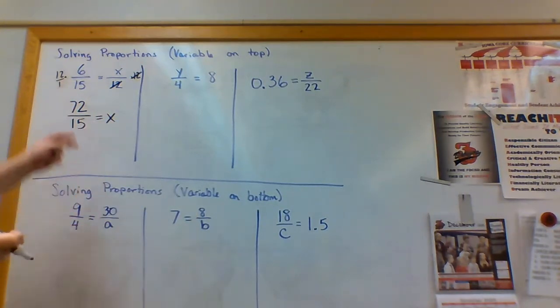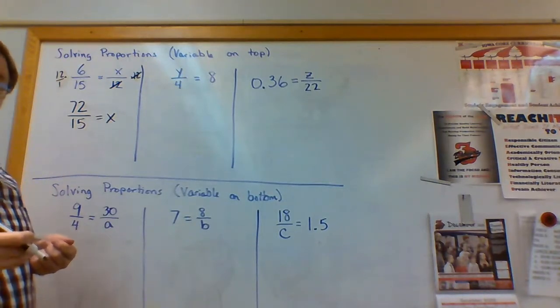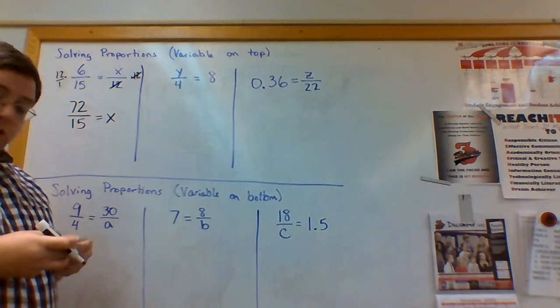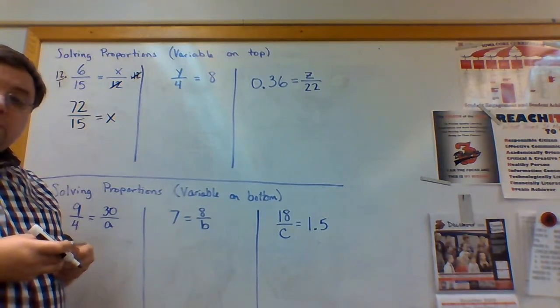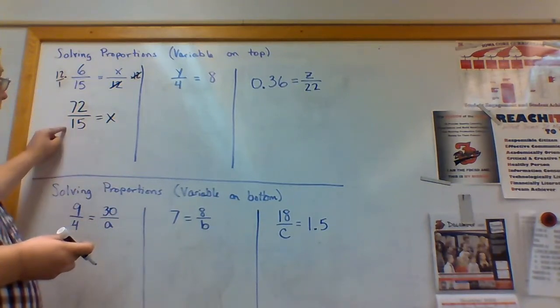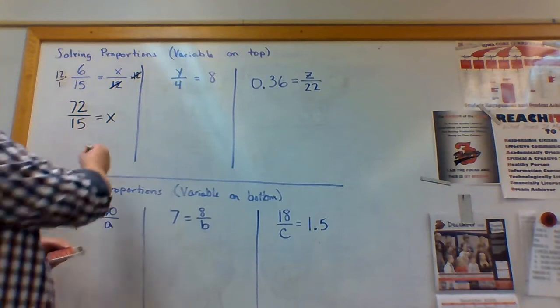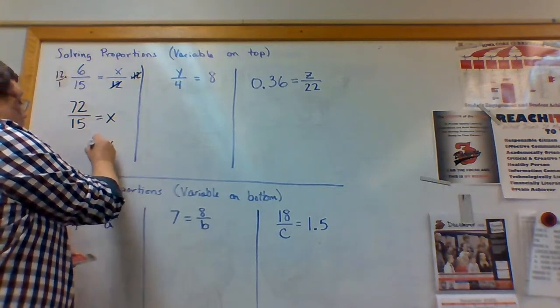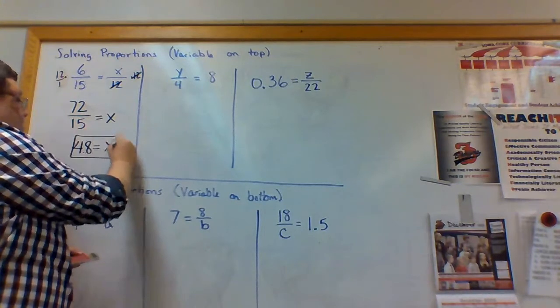And we could say x is that fraction, or what we usually like to do with that is simplify it some, or turn it into a decimal. I'm going to go ahead and turn it into a decimal by dividing. So I take 72 divided by 15 now. And I get x is 4.8. And that should be my correct answer.